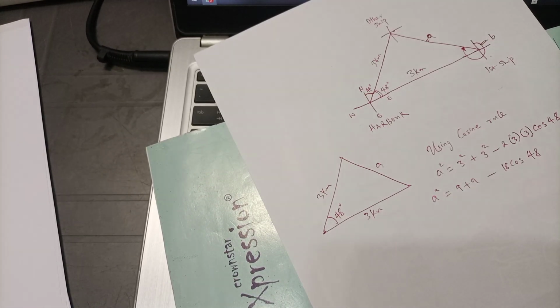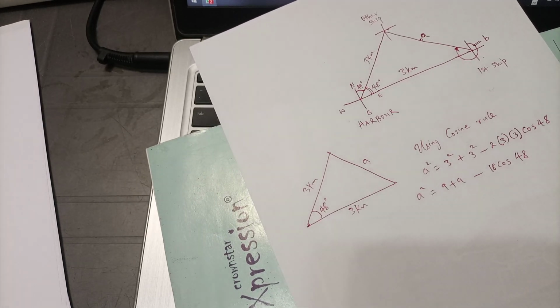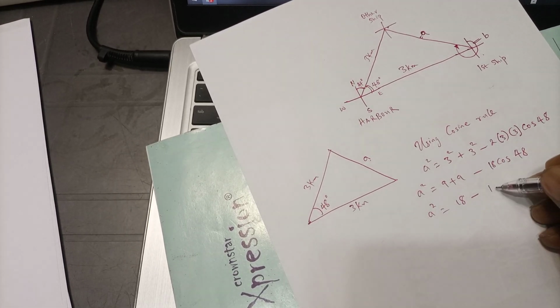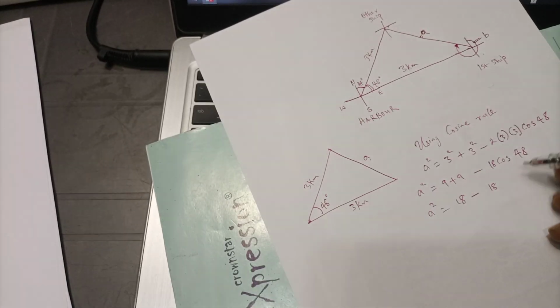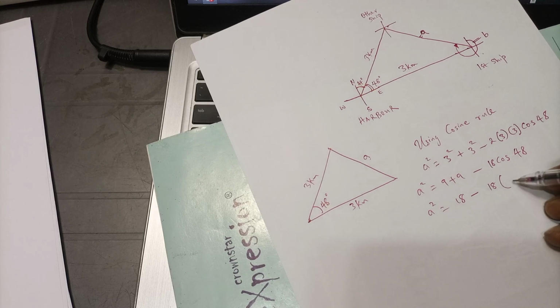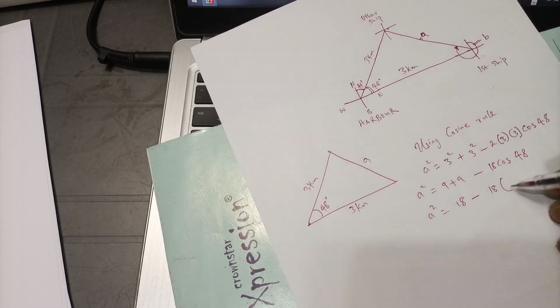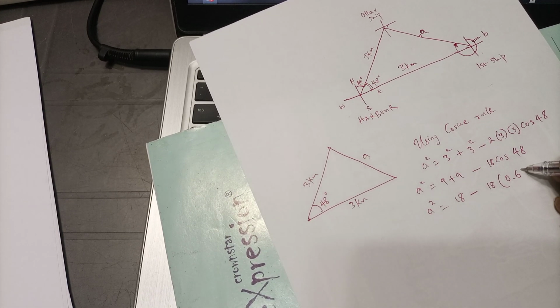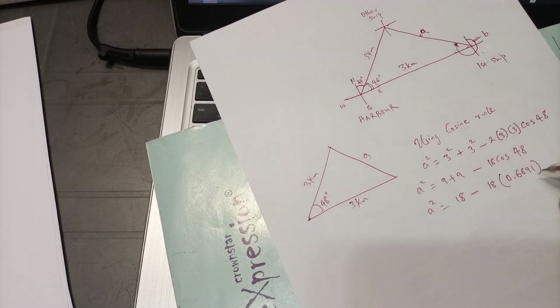Okay, cos 48. So that gives us a squared is equal to 18 minus 18 cos 48. Cos 48 is 0.6691.